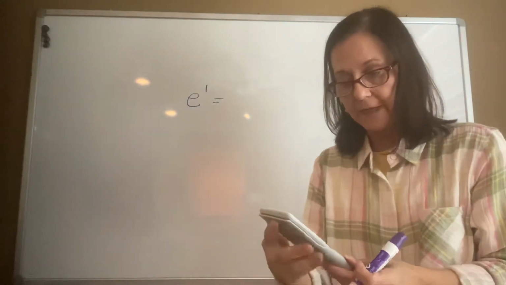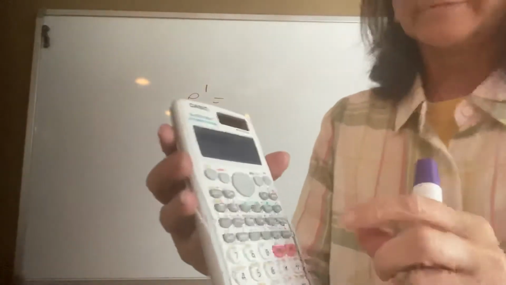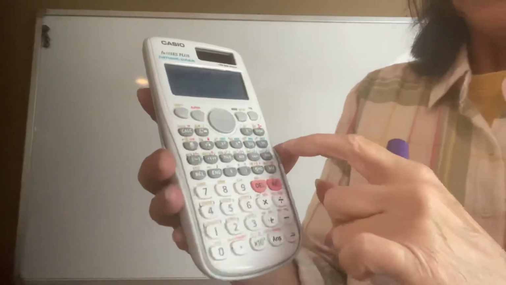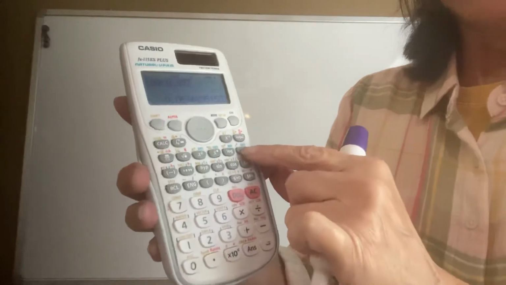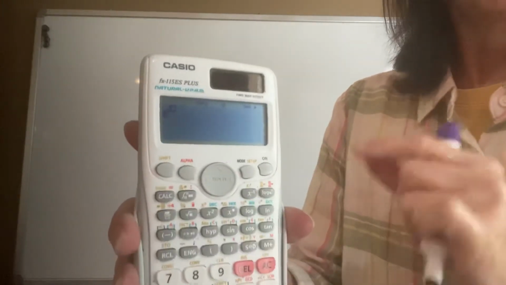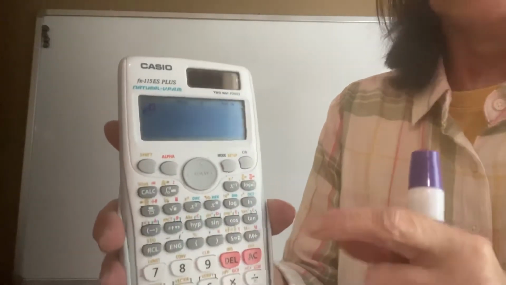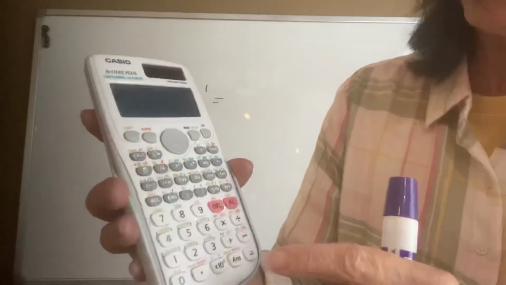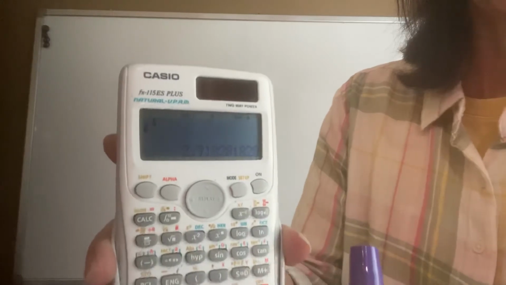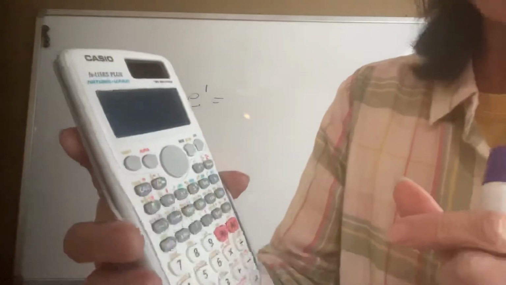I'm going to show you where e is on your calculator. It's shift ln. Shift ln brings e to a power. I just put in 1 for my power and hit equals, and it gives me the value of e.